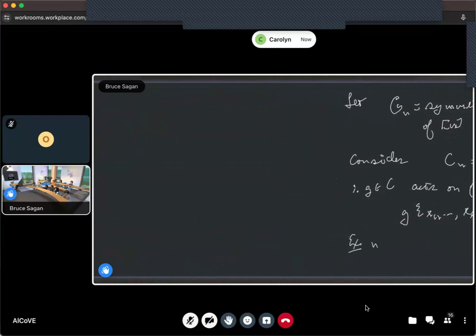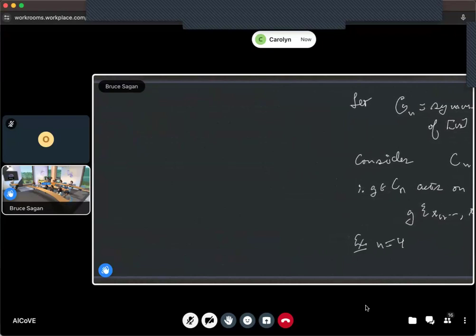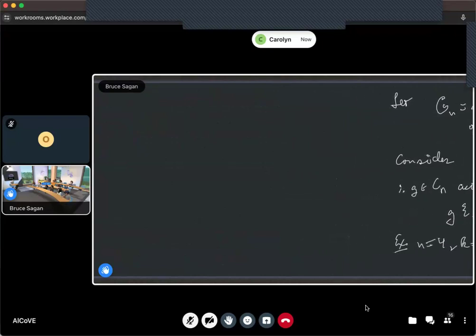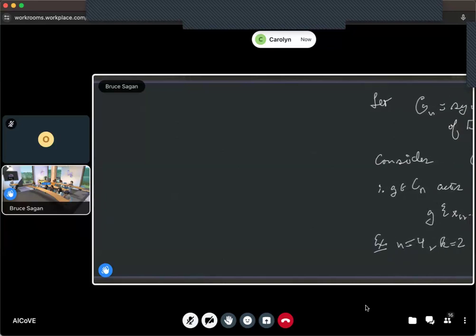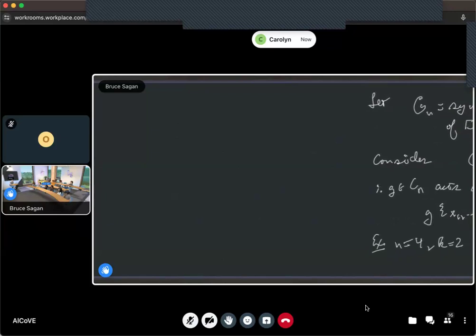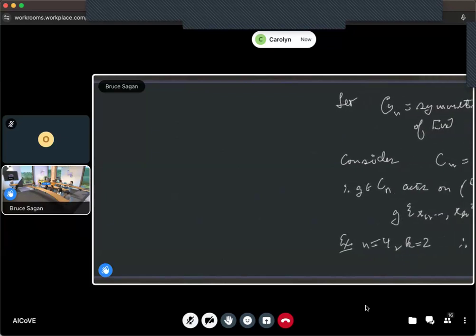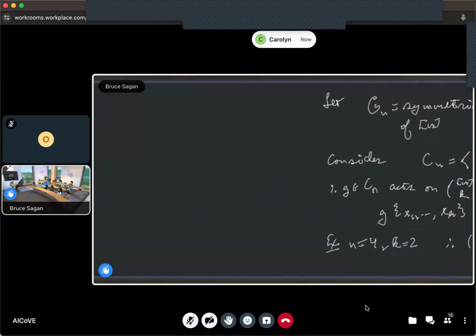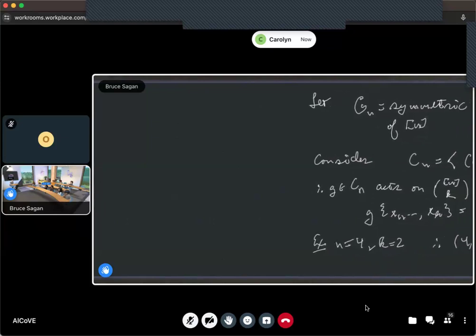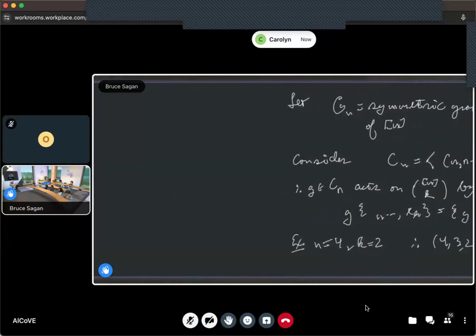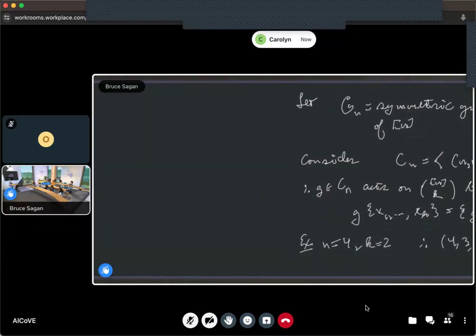Let's take a quick example. Our usual example. What is the cycle 4, 3, 2, 1 going to do to the set 1, 4? Well, 1 gets sent to what by that cycle?